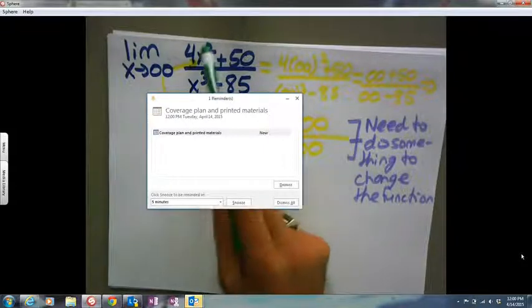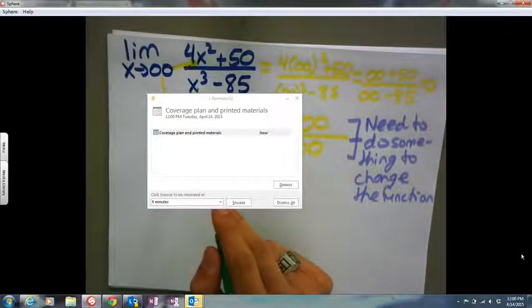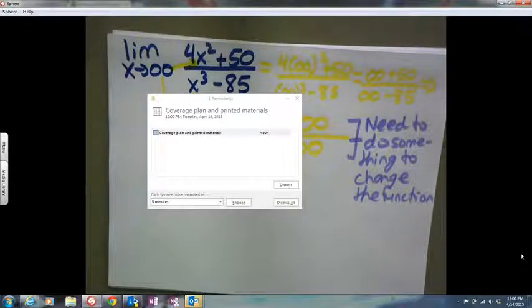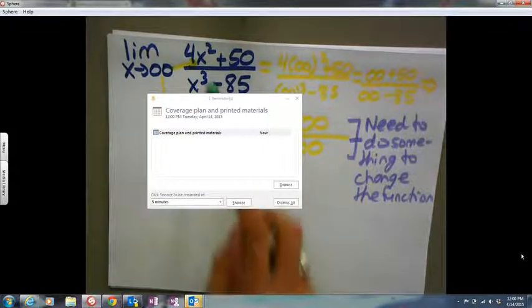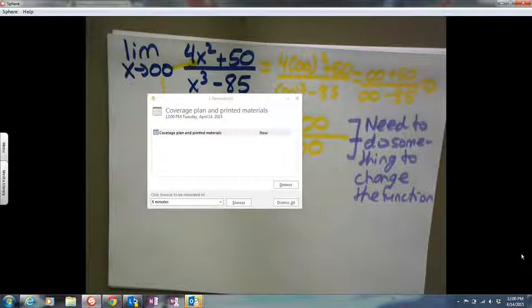Does that make sense, Giselle? Because the bottom is 100 cubed and the top is only 100 squared. So although they both go to infinity, the bottom goes there at a much quicker speed than the top. As a result, these don't actually equal 1, because A, these two never actually get to infinity, and B, they reach there at different speeds. Great question. Ron Beer asked the exact same question in the previous class.